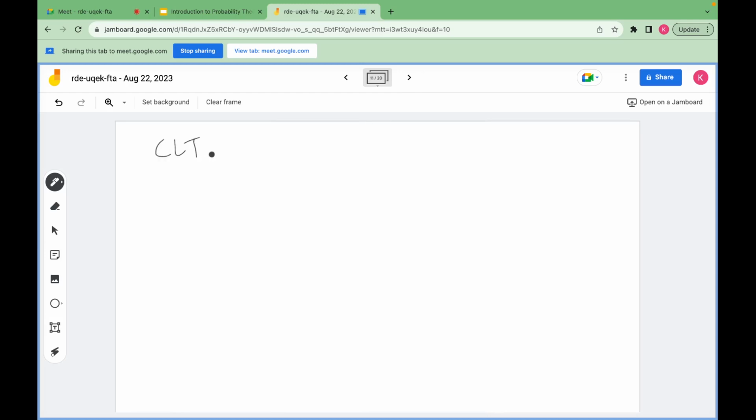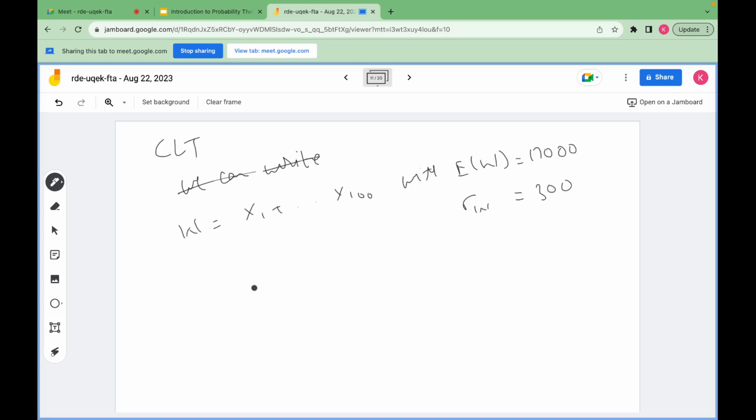So using CLT, this W, which is the sum of these 100 variables, has expectation of 17,000 and deviation of 300.